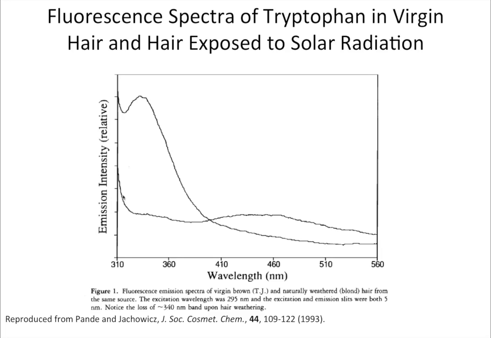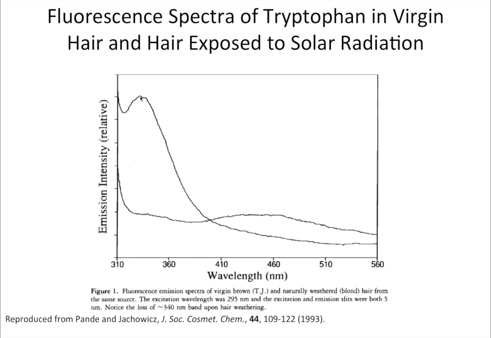And this bottom curve is showing you an emission spectrum of tryptophan in hair that was exposed to UV light for an extended period of time.